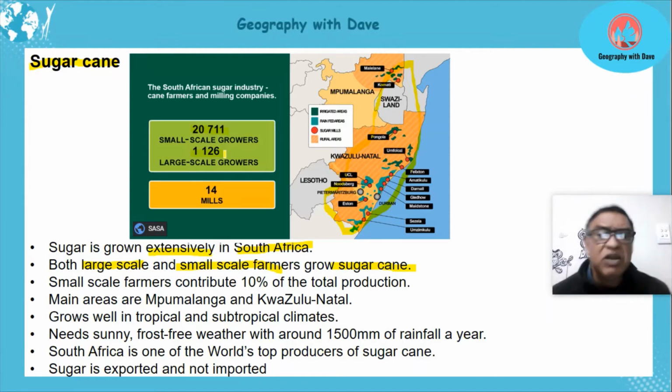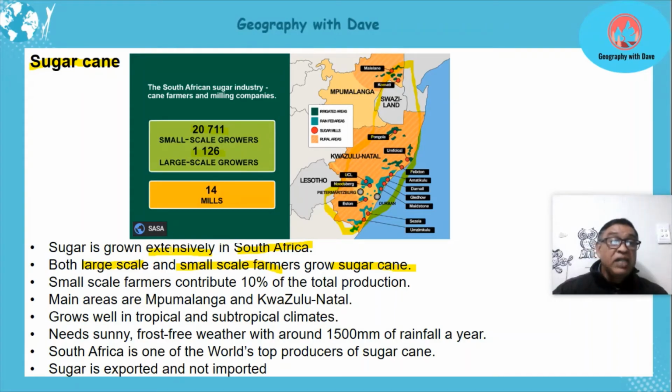Obviously, these 1,126 large scale farmers will produce far more than the small scale because their production is high. Their farms are massive. If you come along this area here, you will see the large sugarcane farms found across this area. Hectares and hectares of land. It's huge.